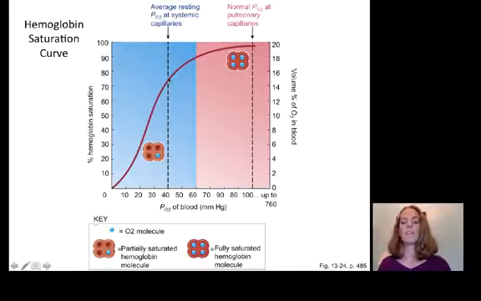So on average, when the hemoglobin reaches the tissues, it's going to drop off 1 oxygen per hemoglobin molecule. It's going to go from 4 out of 4 to 3 out of 4. And if the oxygen level continues to drop, or it reaches tissues that are extremely oxygen poor, hemoglobin will rapidly drop off more and more and more oxygen to try to deliver oxygen to the needy tissues.